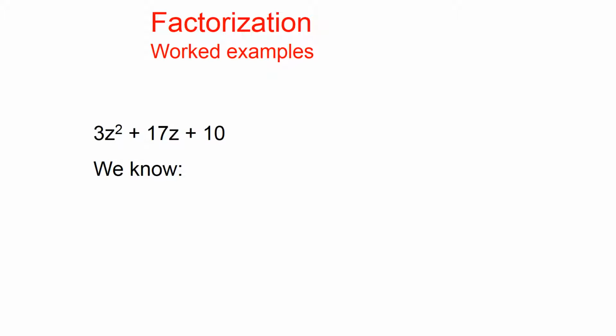So we can go through that process of trial and error again. Let's try thinking about what if we had 1 and 10 in here. 1 times 10 will give us 10, and then 3z times z is going to be 3z squared. 3z times 10 is going to be 30z, and we're going to have a 1z in here.